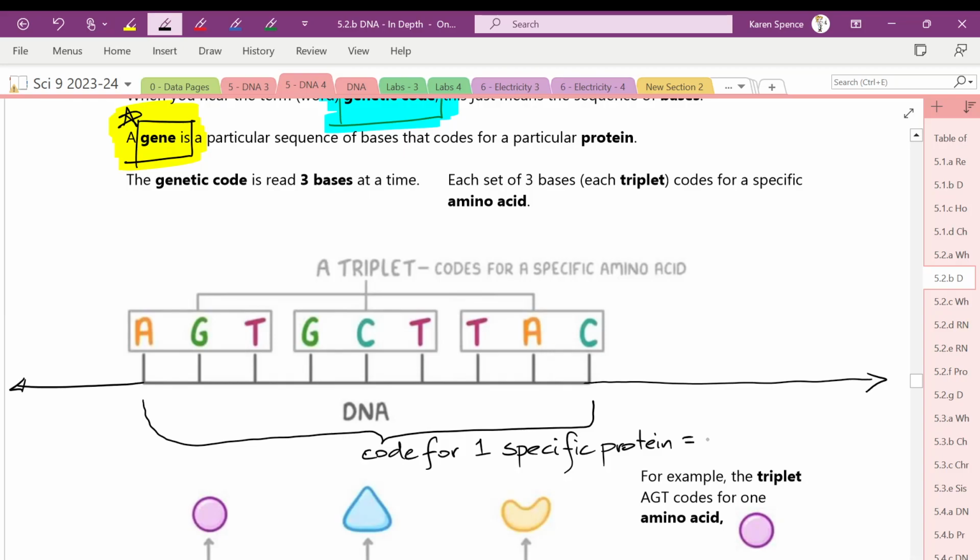And that section is called a gene. And when the RNA makes a partial copy, it's making a partial copy of that one gene. So that partial copy is a copy of a gene. mRNA is a copy of one gene.